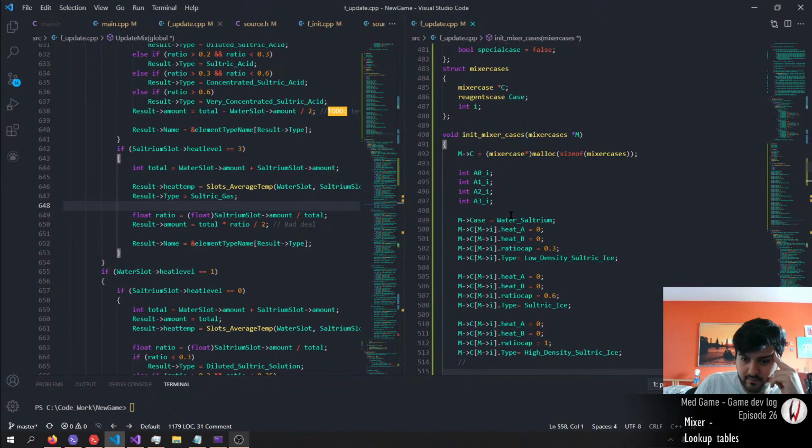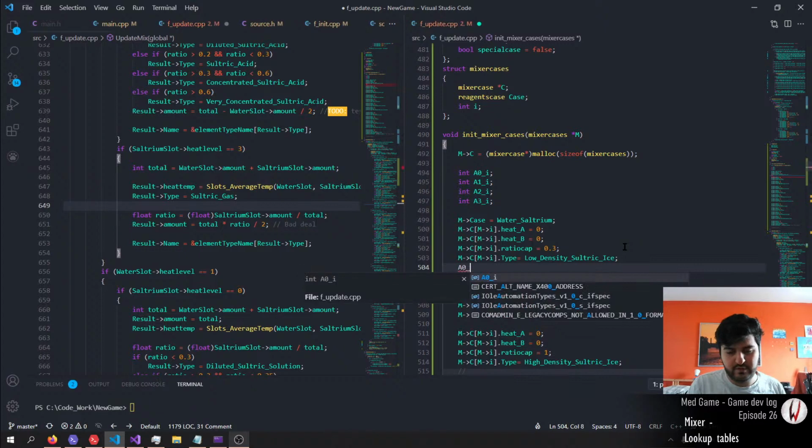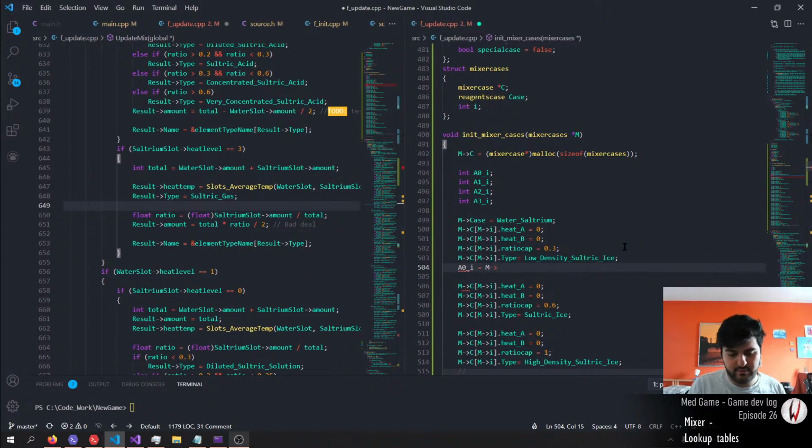Secondly, here, A0 of I equals M pointer I. Right? That's where the A0 starts.